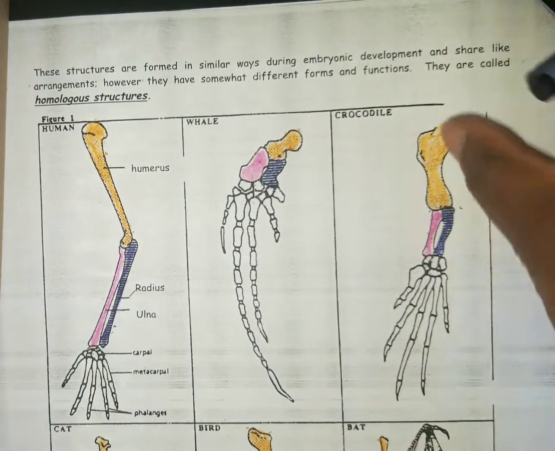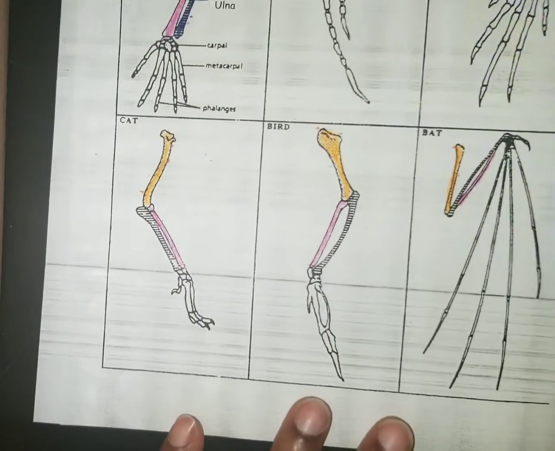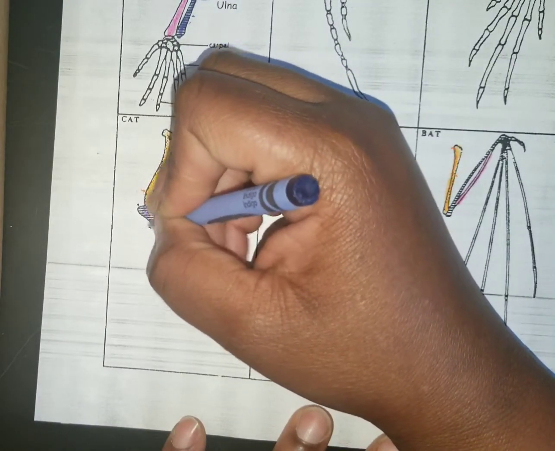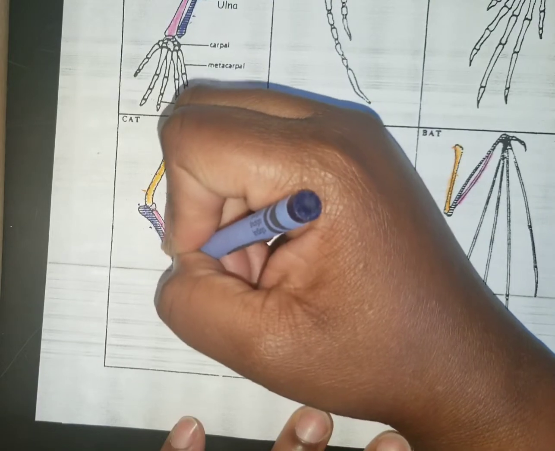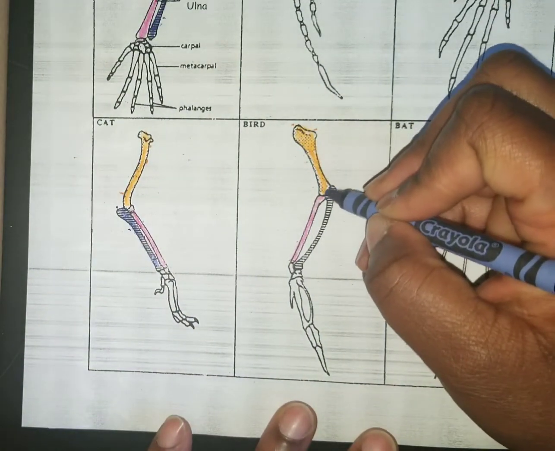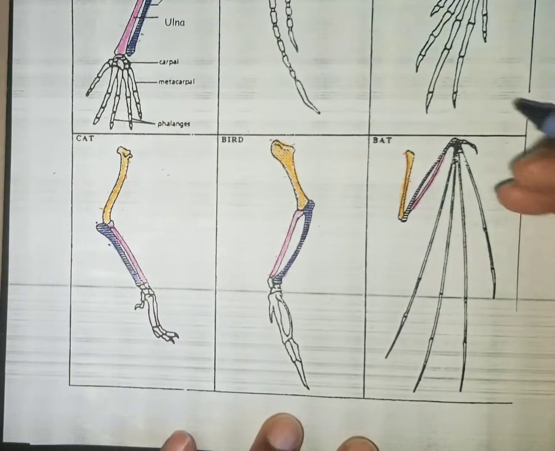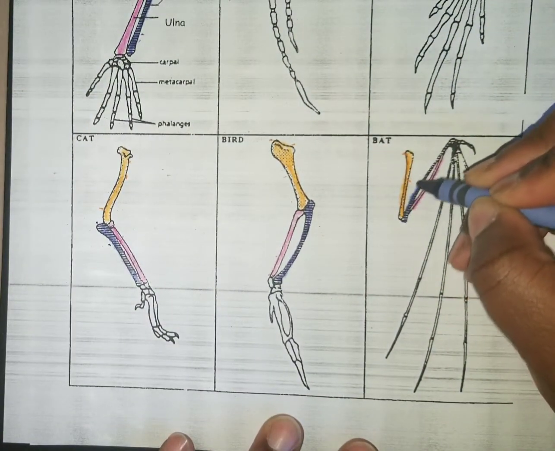Blue. Scoot the page up. Color this blue. Blue. And then lastly, this striped bone here. Blue.